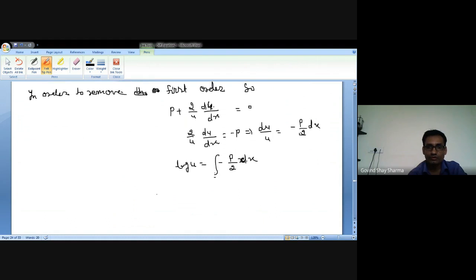So u is equal to e to the power minus p by 2 dx, or we can say e to the power minus half integral of p dx. This is our value of u.